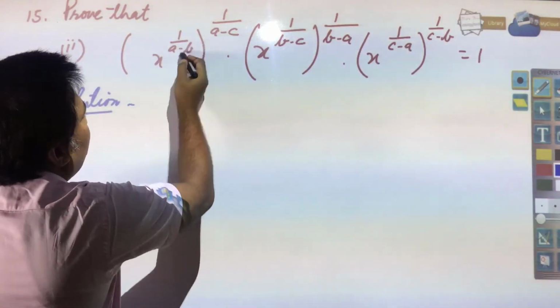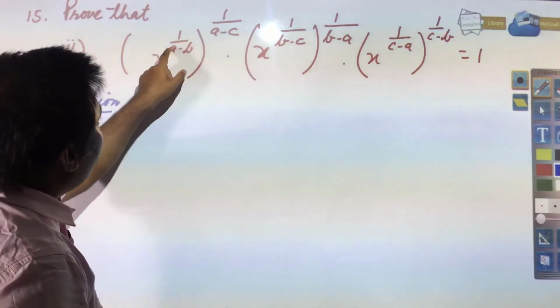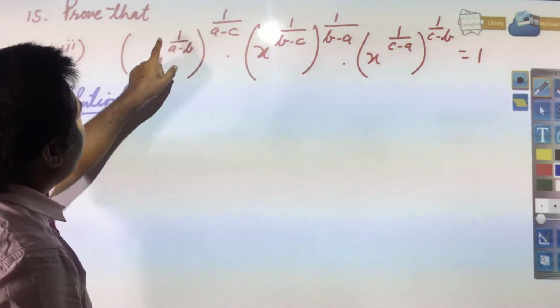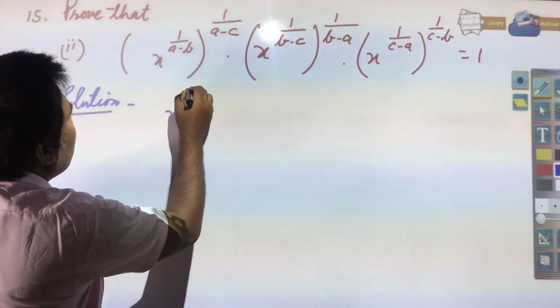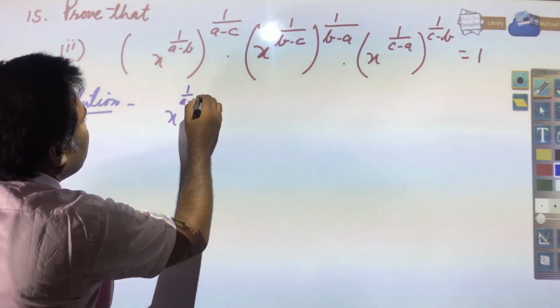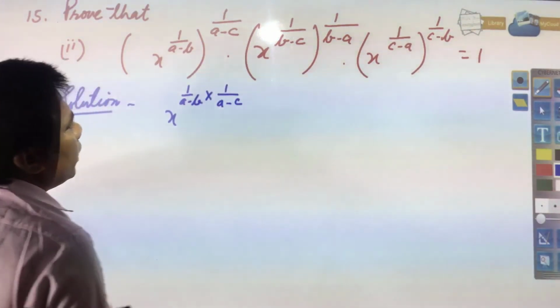here you see power and power will be multiplied, (a to the power m) to the power n is equal to a to the power m into n. So, x to the power 1 by a minus b into 1 by a minus c we will write.